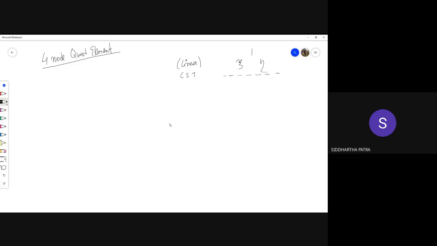Now, in the CST element also, here we see 3 nodes. We can try to make it quadratic, and we'll have further nodes like 4, 5, 6. And then we would probably encounter higher order terms. So that is for the 6-noded triangle element.